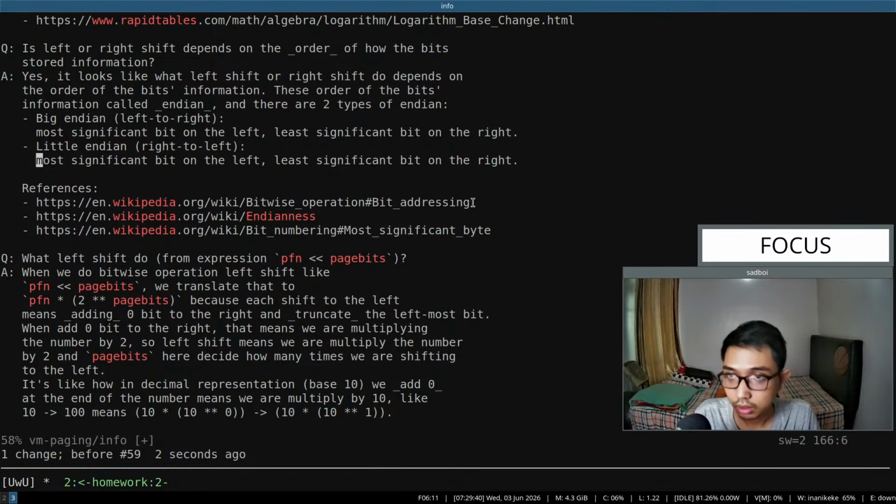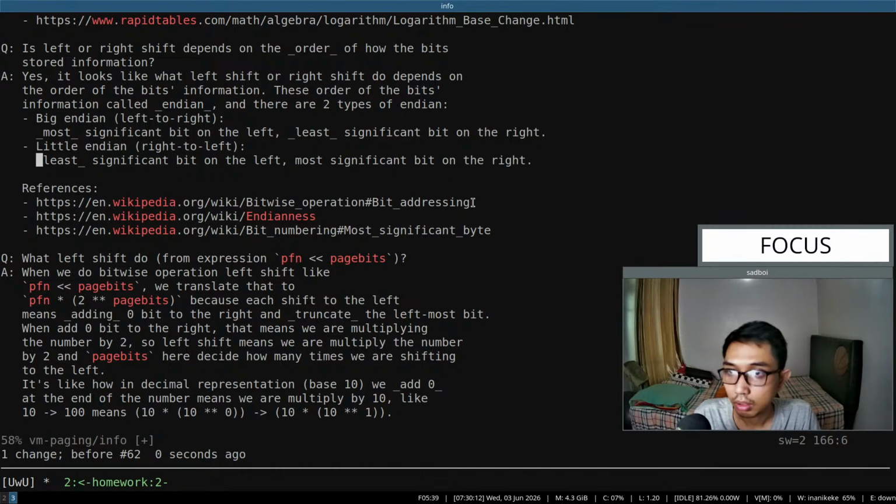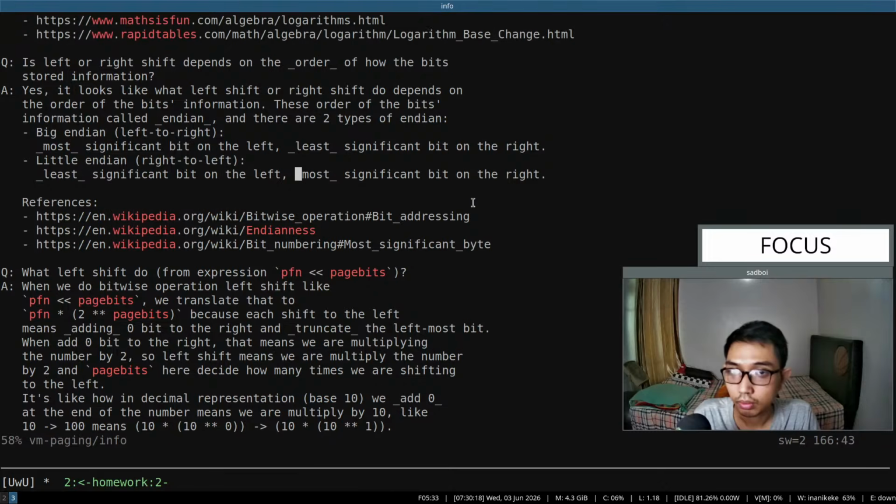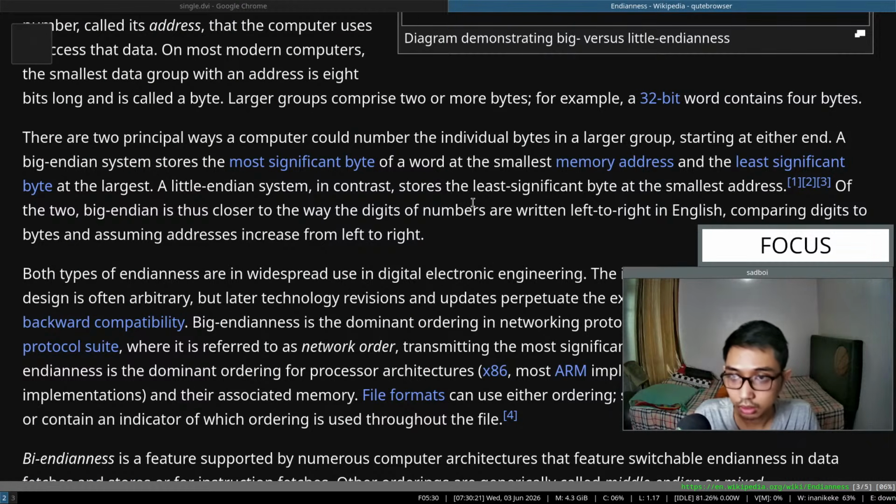Wait a minute. Okay, something like this: least significant bit on the left, most significant bit on the right. Let me highlight this. I assume something like that.